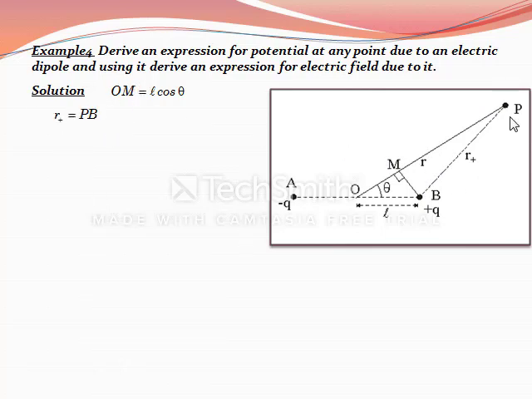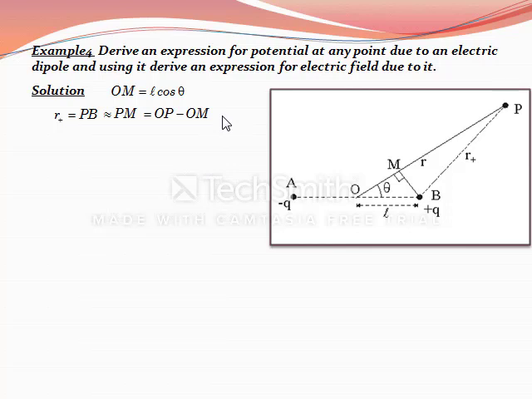Write it down over here. R plus is PB and PB is approximately equal to PM. This PM can be written as PO minus OM. Substitute it over here: OP minus OM. OP, this distance is r. OM we just now calculated.